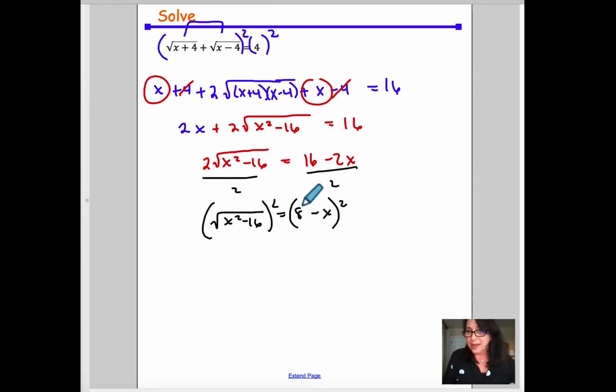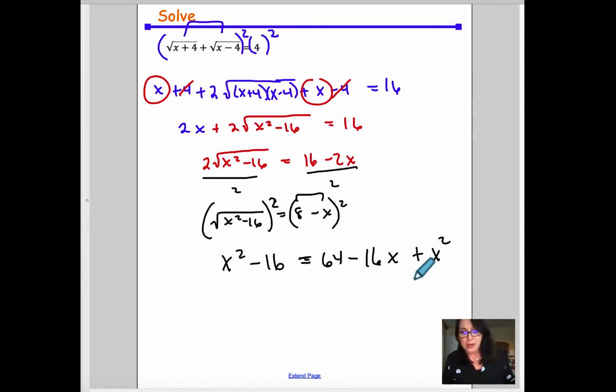By squaring that, I am going to lose this root, and I'm going to get x squared minus 16 equals, now this 8, square the first term, I get 8 squared. Square the last term, that becomes plus x squared. Multiply these two together, I get negative 8x, double that, negative 16x.